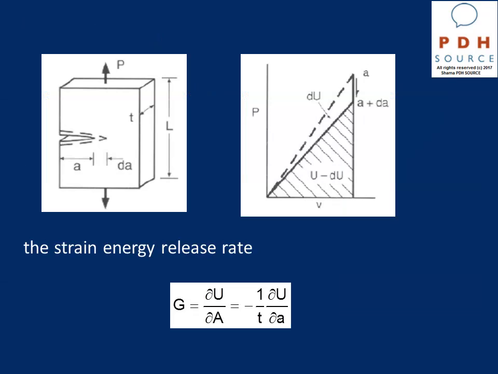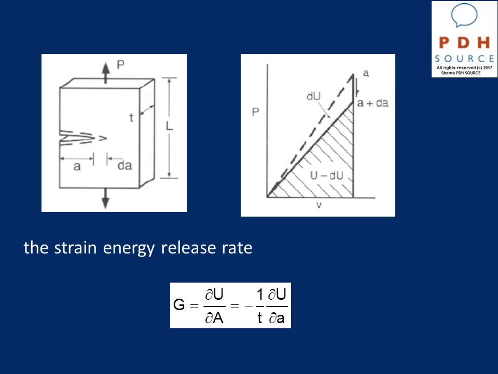Now, under the application of the load, if the crack moves ahead by a small value dA, of course the stiffness of the member is going to reduce. So this is going to be the new stiffness of the member.